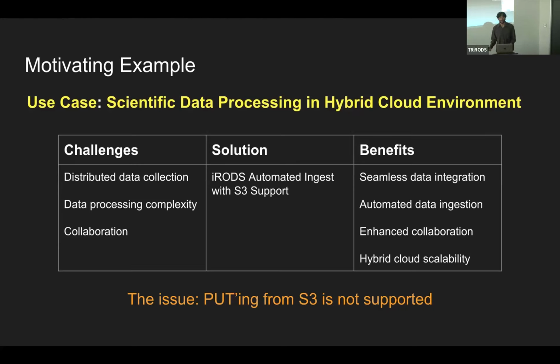And with the ingest, you can set up your system so that as soon as files hit your S3 buckets, you can have them ingested into iRODS, put into iRODS, have them tracked if you want to register them, and add custom metadata. This makes it much easier for your research team to work efficiently.